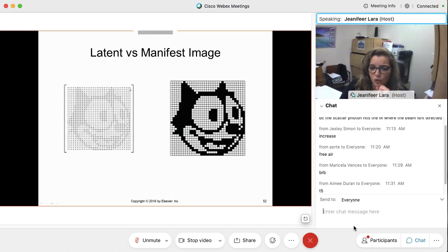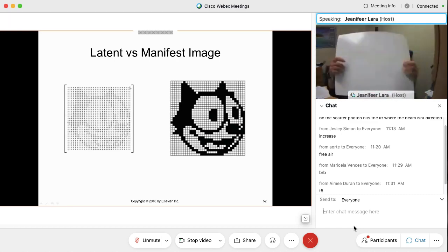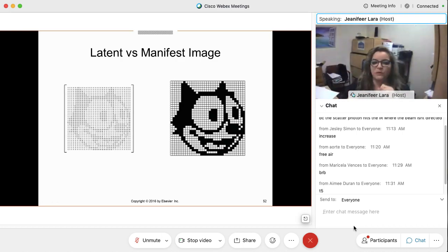Why do I have these rows and columns? This is going to be big for your next section. When you think about a screen or an image receptor, we're going to have rows and columns of what's going to be able to capture our energy.